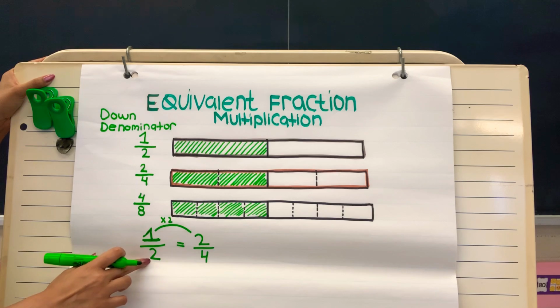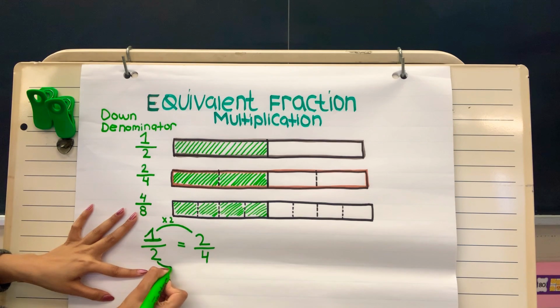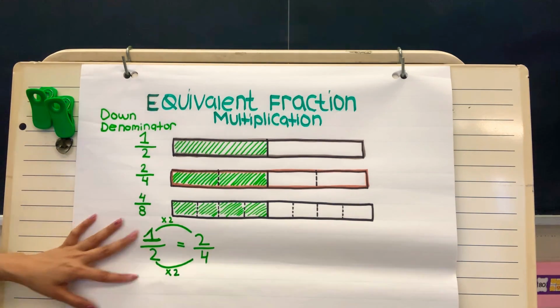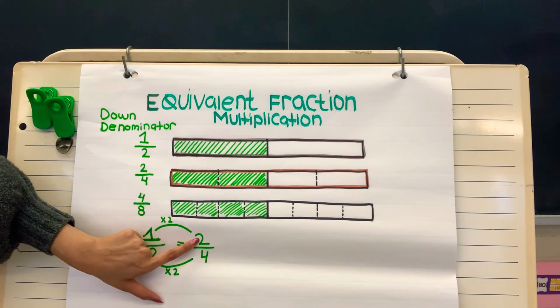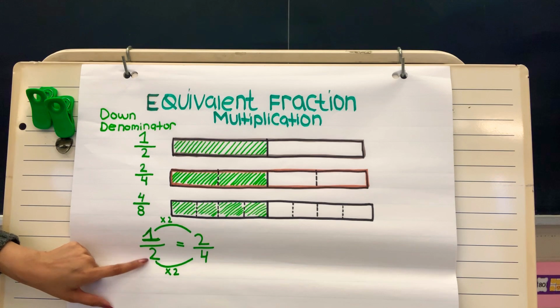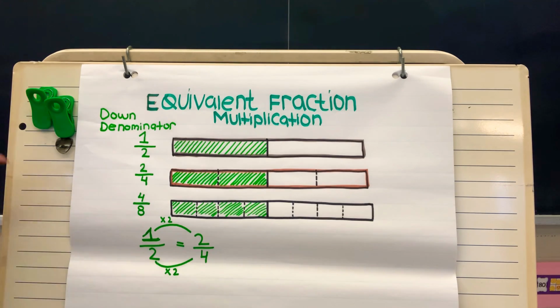I need to multiply this 2, my denominator, by 2 as well. So 1 times 2 gives me 2, and 2 times 2 gives me 4.